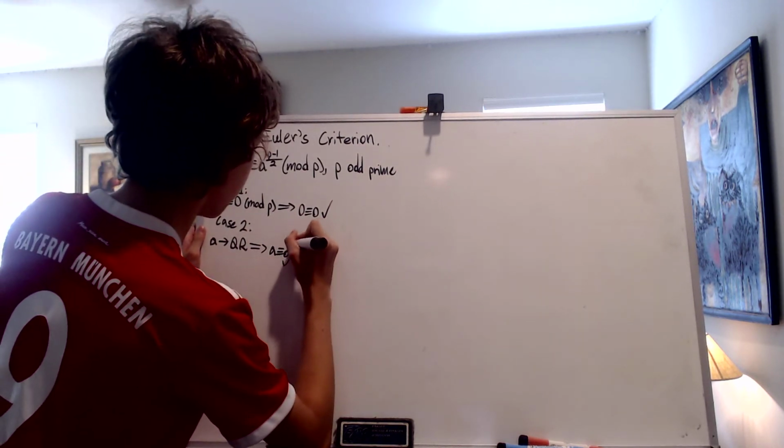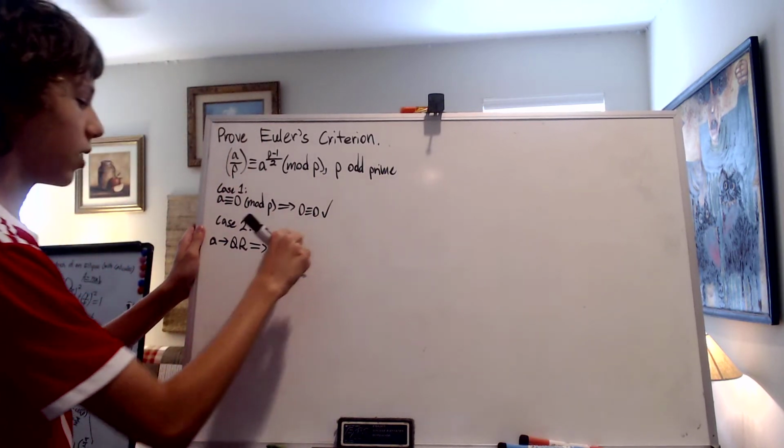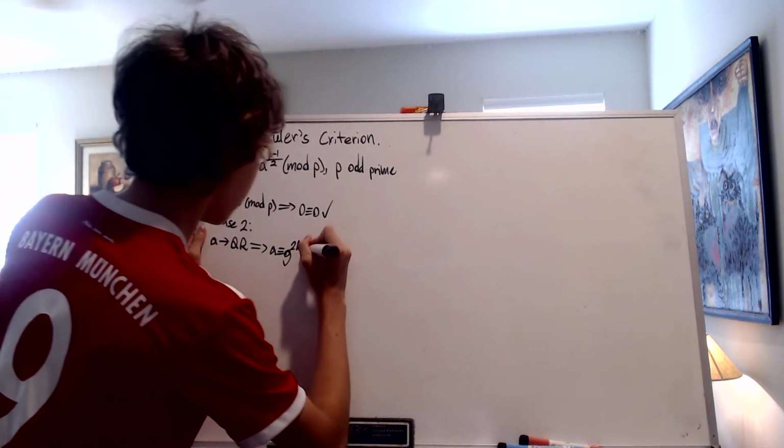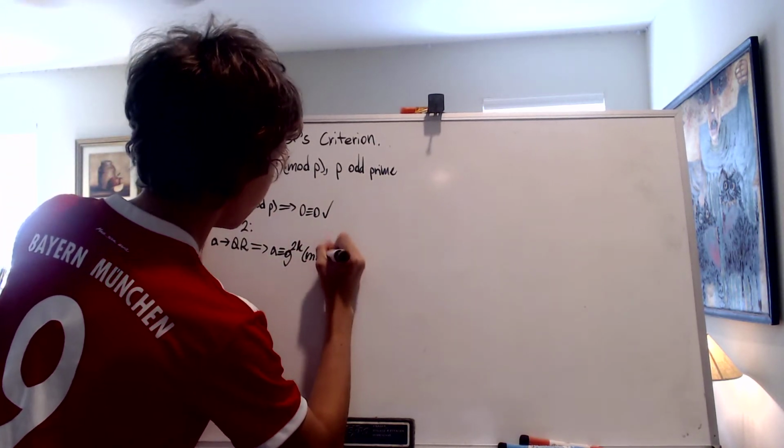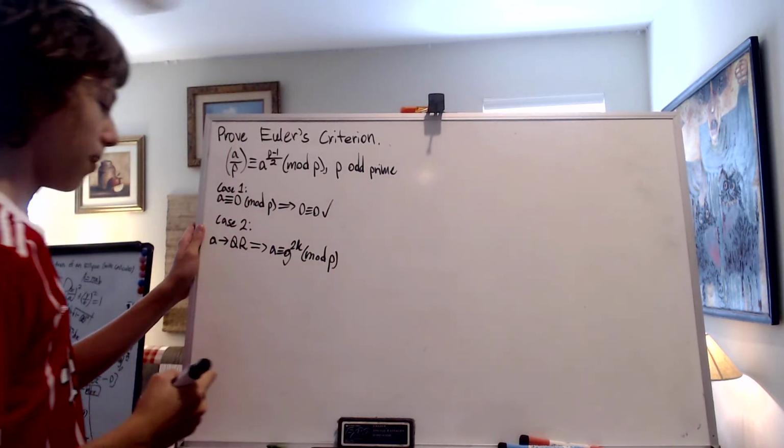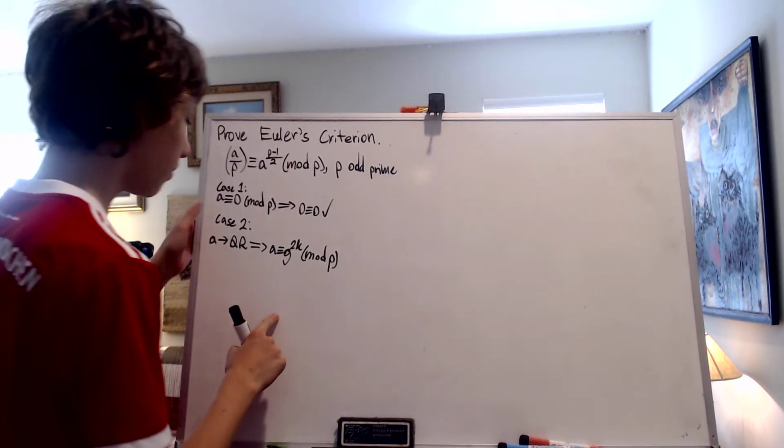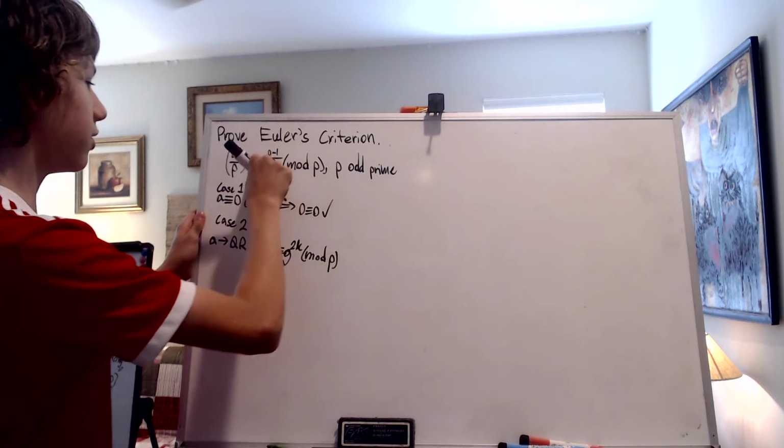So we have a equals g to the 2k, where k is some non-negative integer, mod p. Well, let's plug that in here.